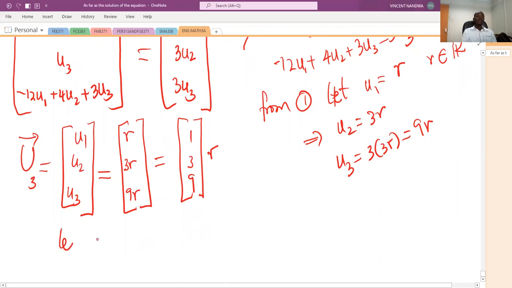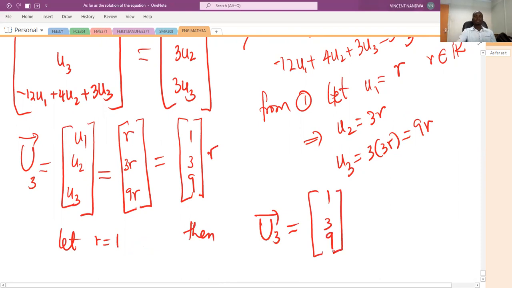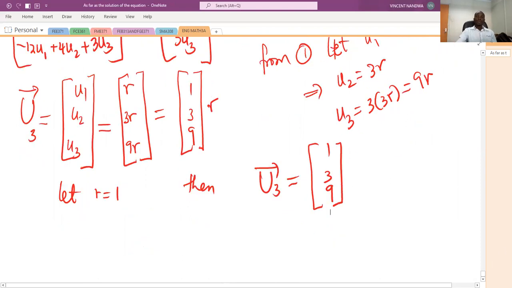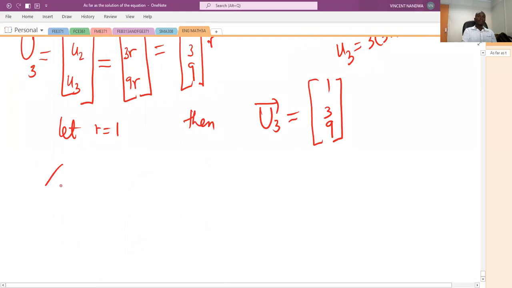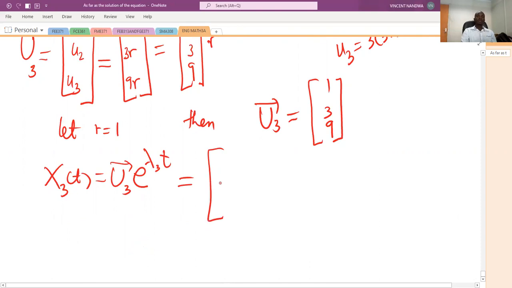So when we let r to be 1, then u3 will be the vector 1, 3, 9. So x3 of t is u3 e raised power lambda 3 t, which is 1, 3, 9 e raised power 3t. So call this one triple star.